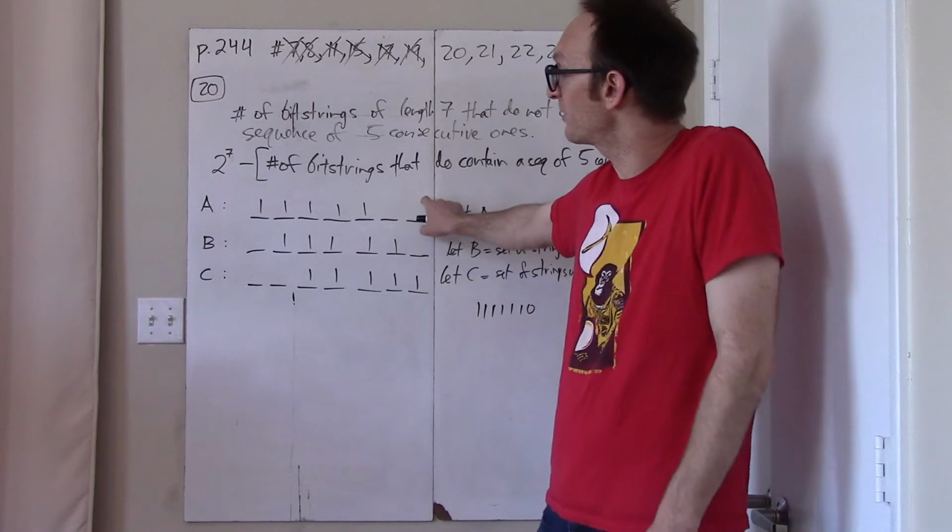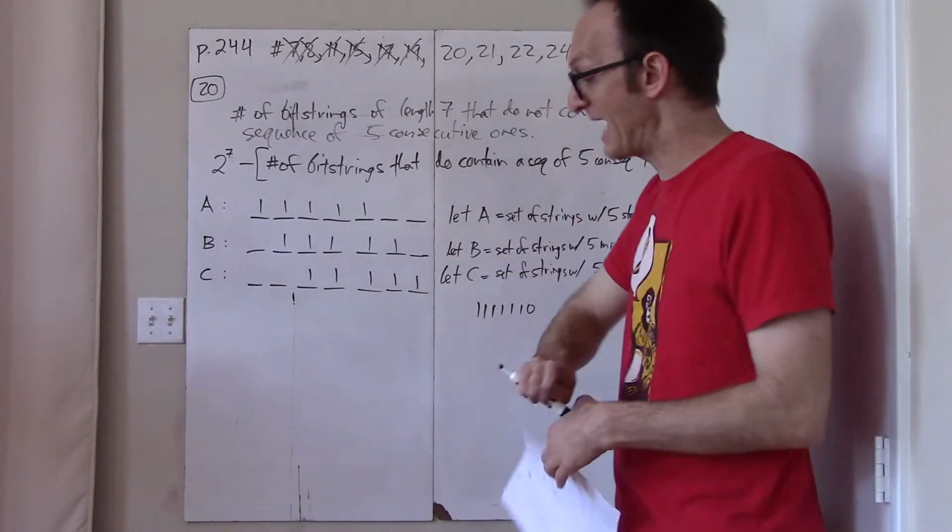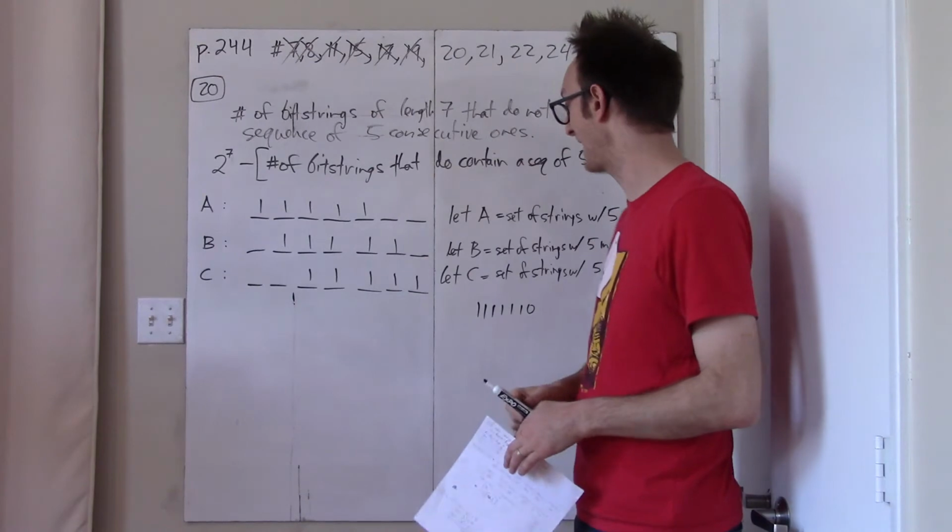So it's a member of set A and also a member of set B, and yet if I'm trying to answer this question, I need to count that string only once.